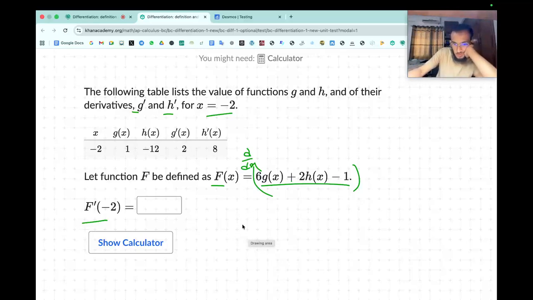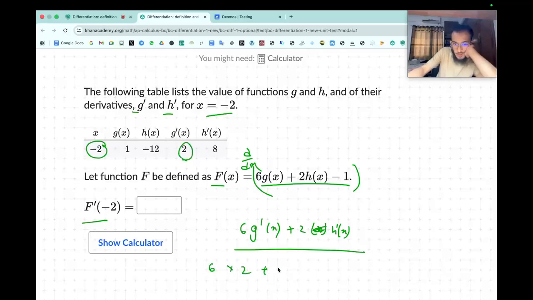Well, it's just 6g prime plus 2h prime. And when we differentiate a constant, it is 0. So f prime of negative 2: 6 times g prime, so it's 2, positive 2 times h prime is 8.